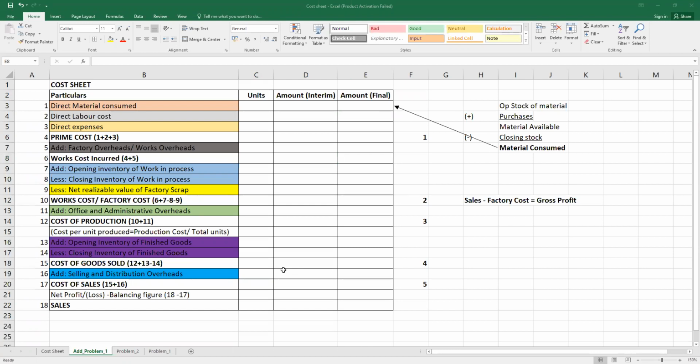So basically they are saying prepare the cost sheet with the help of following particulars. So what is it? First, they have given the information about the opening stock. And if you remember here, we have also taken the information for calculation of material consumed. So let's begin.